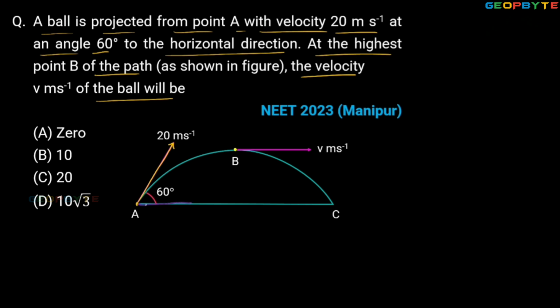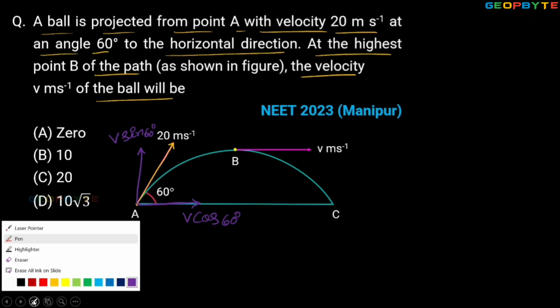This is the horizontal component of velocity, v cos 60, and this is the vertical component of velocity, v sin 60. Dear friends, remember that the horizontal component of velocity remains constant throughout the projectile motion.